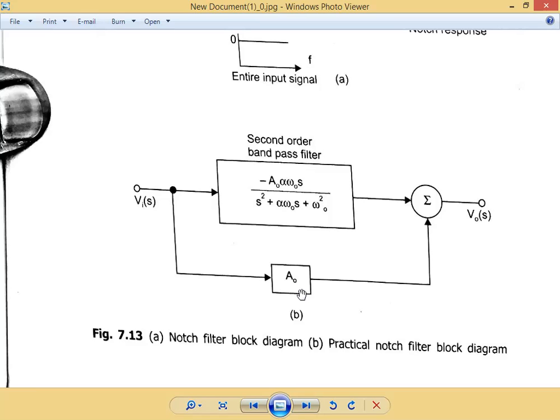To completely subtract this output, the input of the summer must be A0 into Vi. Thus, the gain A0 must be added between the input signal and the summer.